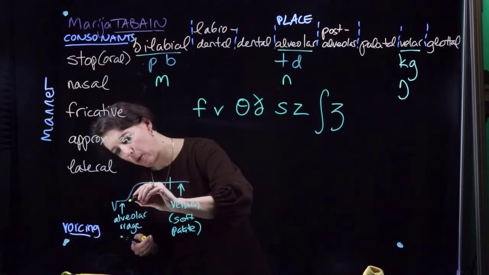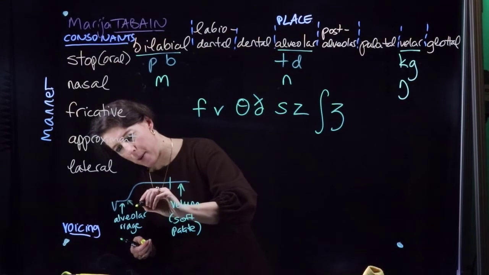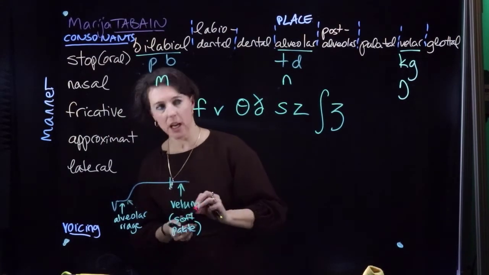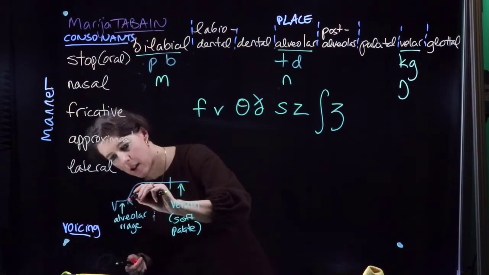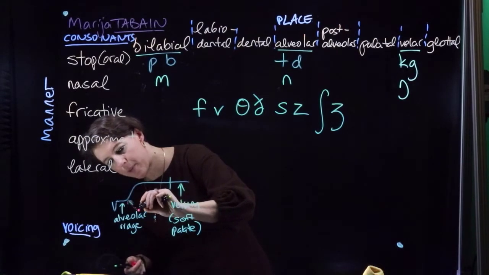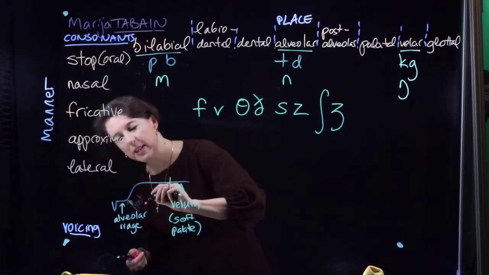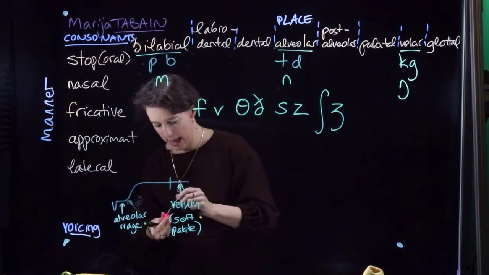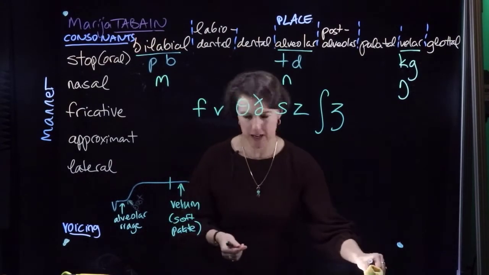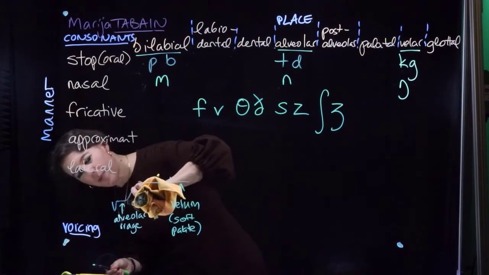So post-alveolar would be only just, oh, my colours aren't really different, are they? How about if I try pink? Let's try pink. Oh, I don't think it's quite showing up, is it? Sorry about that.